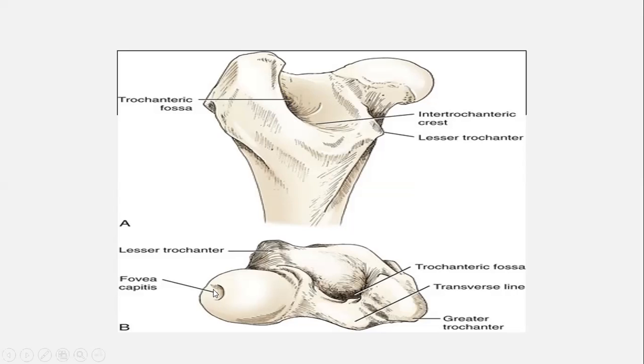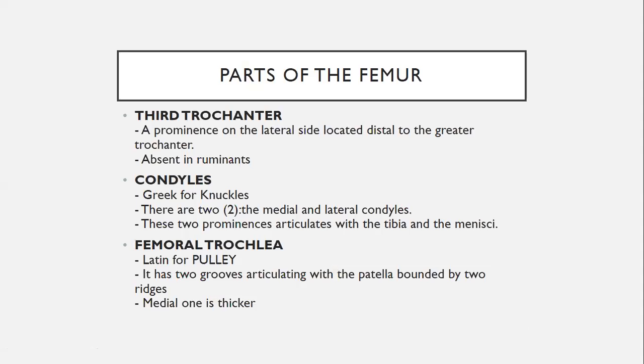Here's the fovea capitis. It's a very shallow depression where the round ligament will be attached. Then we have the condyles. These are Greek for knuckles, so that has medial and lateral condyles, and these prominences articulate with the tibia and the menisci, which is part of a certain type of joint, which we'll later find out.